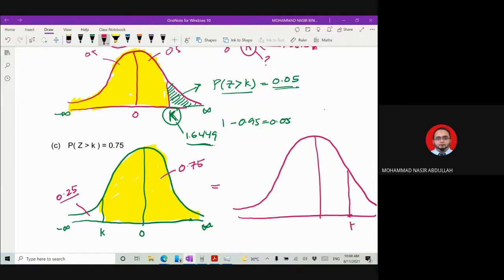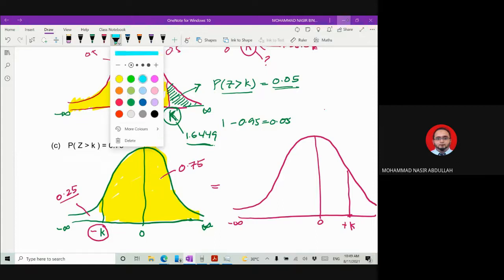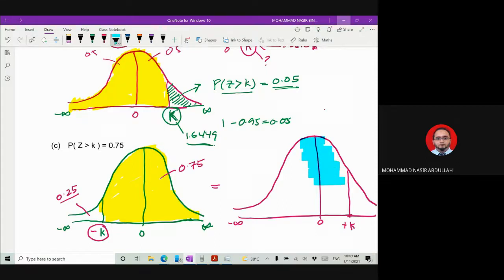If we flip it, this is going to be a negative K, right? But on the left hand side. This is going to be a positive K. This is from negative infinity to infinity. Let's say I'm using another color. So this is the area to the left hand side. So this area would cover 0.75.